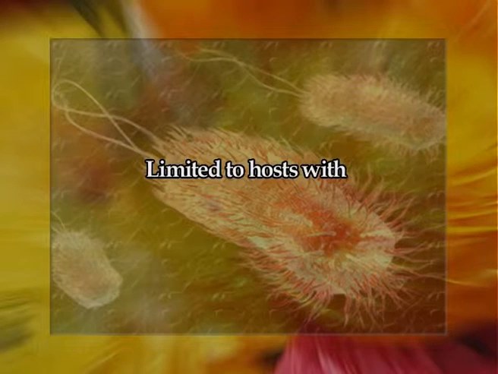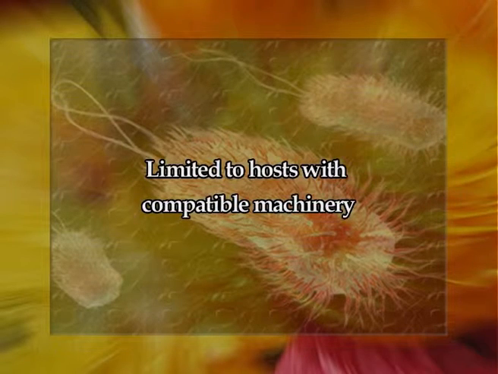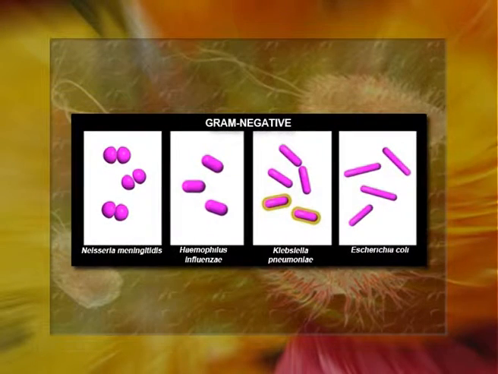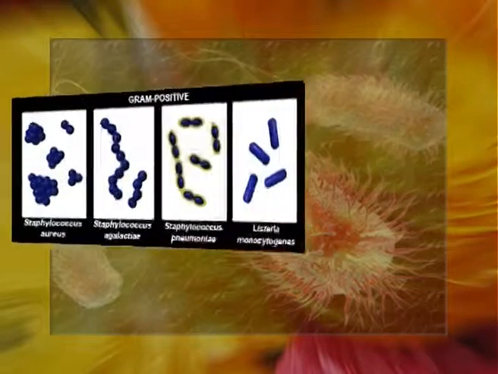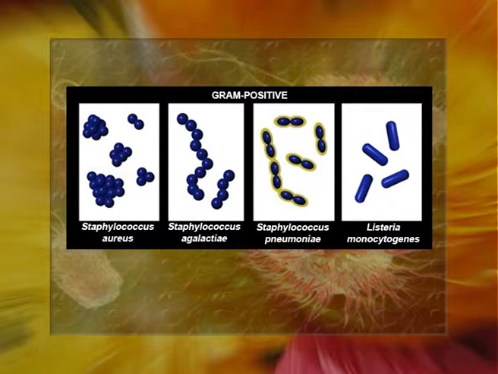Because most mobile genetic elements borrow some host machinery during transposition, they tend to be limited to hosts with compatible machinery. Most mobile genetic elements found in gram-negative bacteria therefore tend to be specific for that group and fail to function in gram-positives.